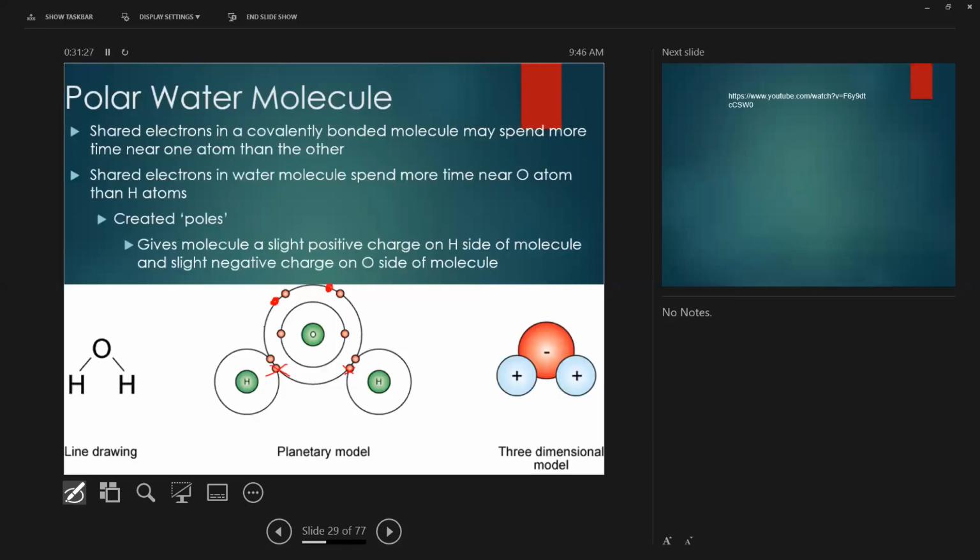There we go. So I have my electrons gathered here, which gives this the negative, and I have no electrons here. And so that's what this is denoting. You can see that we have the negative charge here, positive charges here, and that's the covalent bond of our water molecule. Does that make sense to everybody?